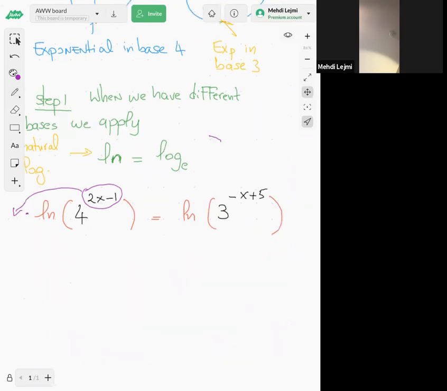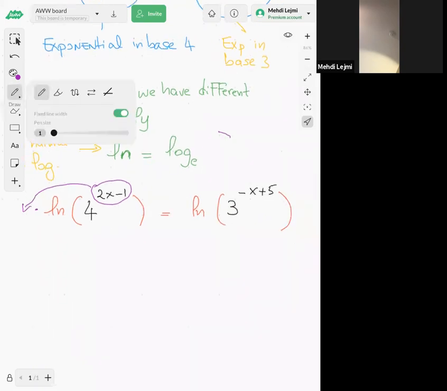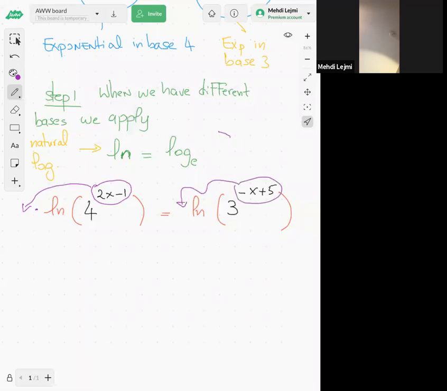And the same for this minus x plus 5. Okay, so that will be 2x minus 1 times natural log of 4 equals minus x plus 5. Don't forget the parentheses, guys. So it's parentheses minus x plus 5 times natural log of 3.